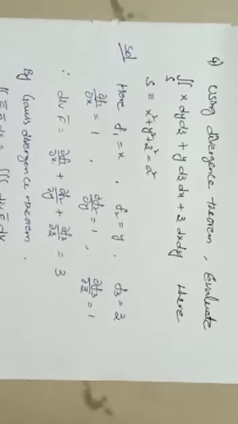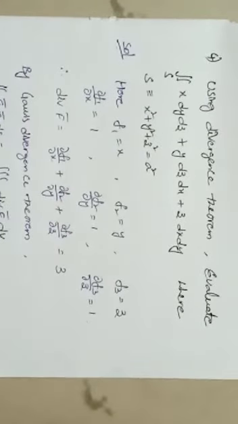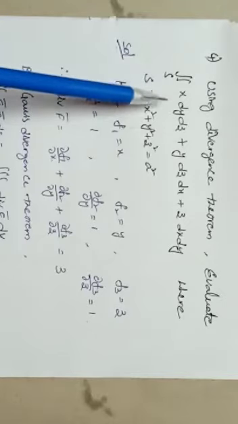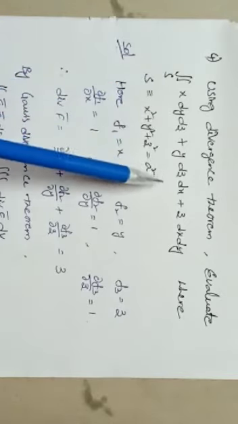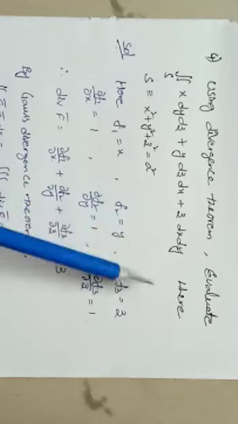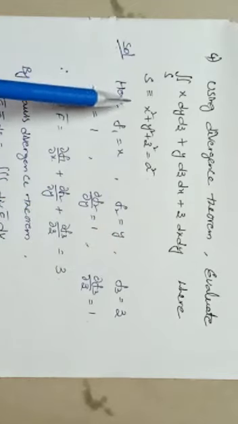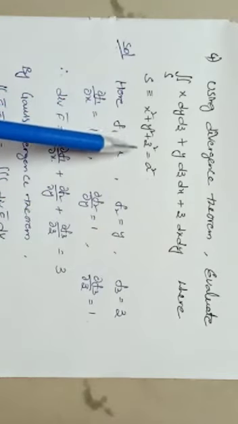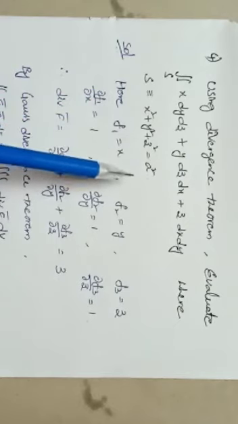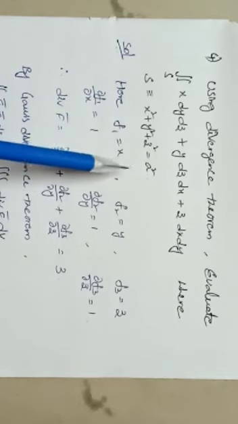Next, a small 2 marks question: using the divergence theorem, evaluate the integral over S of x dy dz plus y dz dx plus z dx dy, where S is x squared plus y squared plus z squared is equal to a squared. So this is also a sphere.